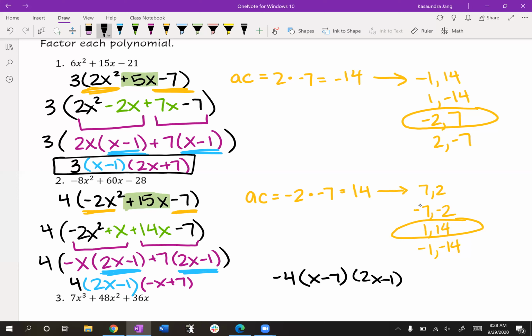But if you went from a +4 to a -4, then you would have to change the sign on one of these other 2 factors. So negative times negative gives us a positive. If I change it twice, it goes back to where it was, is my point. So if you change this from a +4 to a -4, then we change the signs on this one to a +x and a -7.